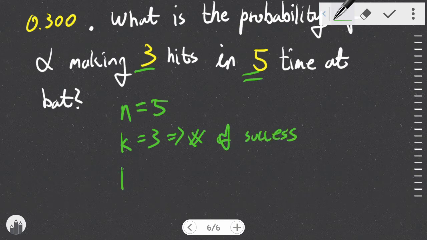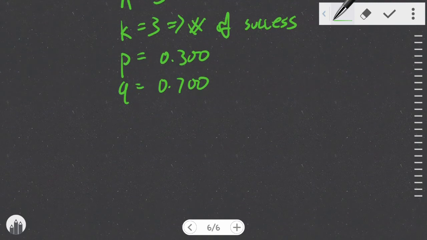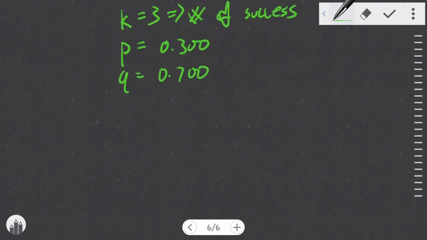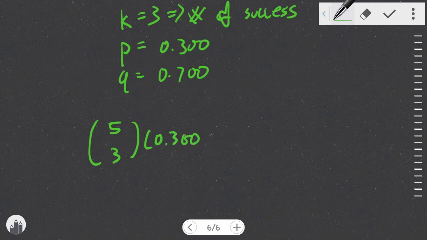And so p here, the probability of success, is 0.300, which makes the probability of failure 0.700. So now let's apply the equation here, which is 5 times in total, 3 successes. The probability of success was 0.300, and this is going to happen 3 times.